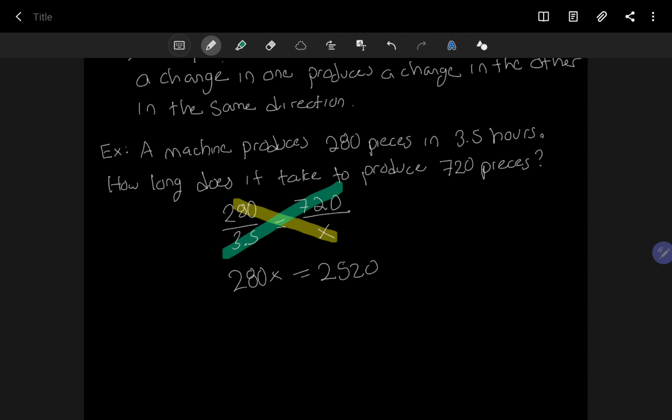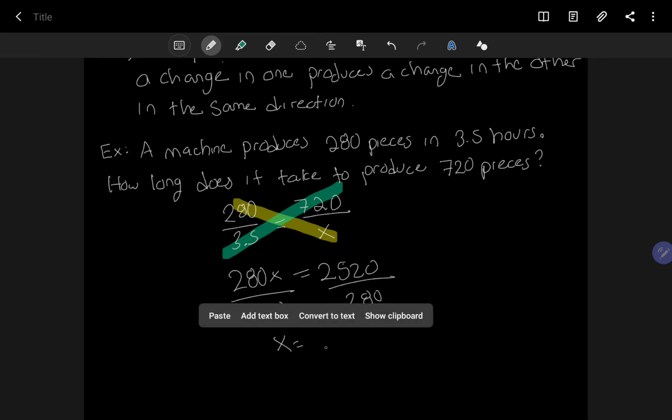And now from here we can just divide by the 280. And so what do we got? x is equal to 9. Cool, so it's just 9. I mean, it's 0.9, but that doesn't make a difference, right?